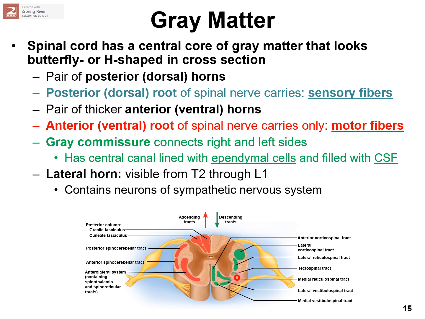And we have the lateral horn over here. The lateral horn is only visible from T2 through L1 regions, and they contain the autonomic nervous system neurons. So they mainly contain the autonomic motor neurons for the heart and smooth muscles, etc.